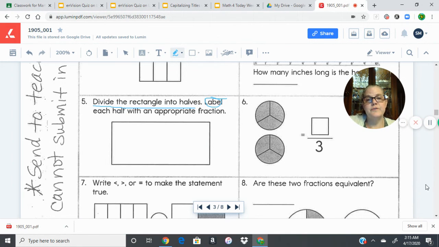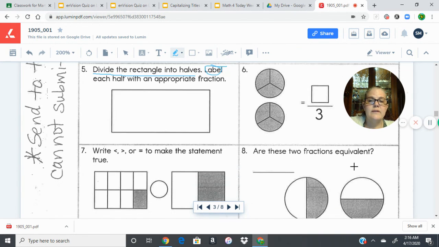But if I asked you how many pieces are available to eat, so we have our cake here. How many pieces, if you were going to eat all of the available pieces, how many pieces would you eat? So that would go up here. So your number on the top is going to be larger than your denominator on that one.